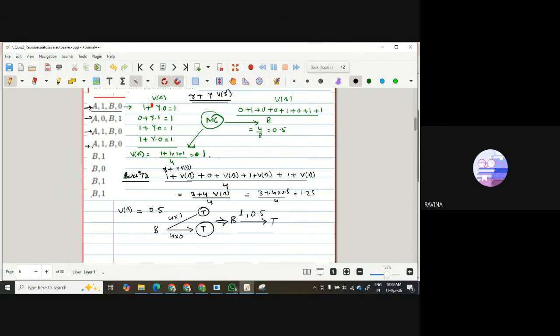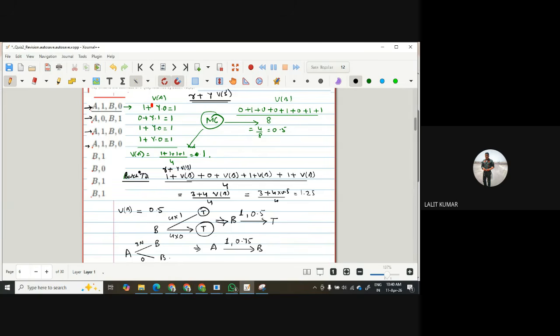Is that correct or not? And see here, A also, in all conditions, it is going to B only. In 3 it is getting 1, and in 1 it is getting 0. So this can be written as A going to B with probability 1, but reward of 0.75.